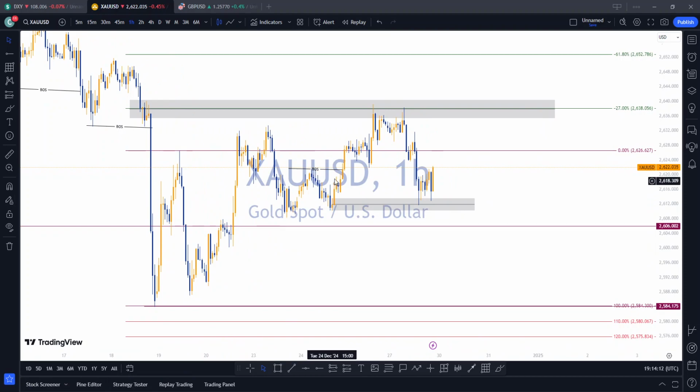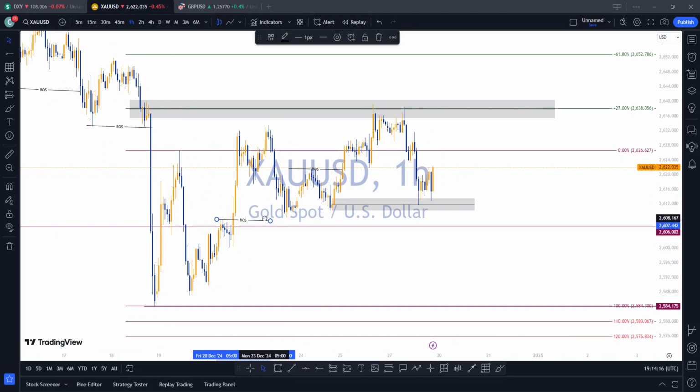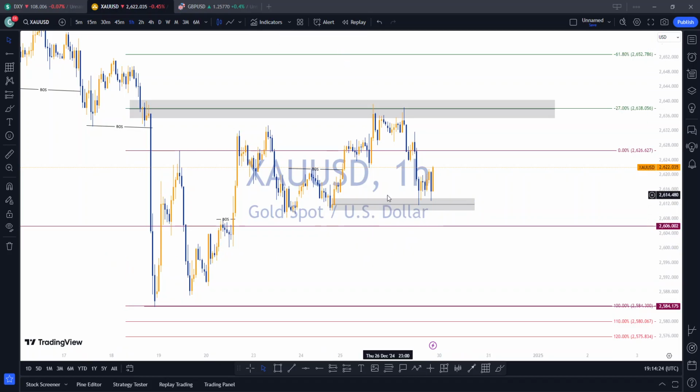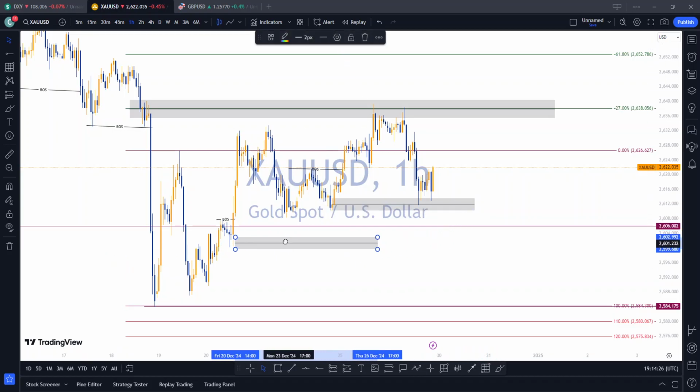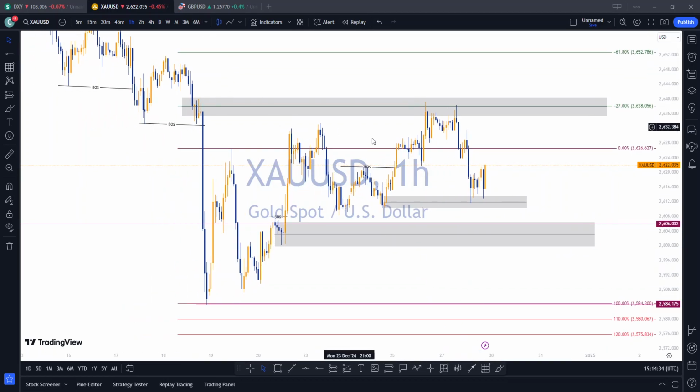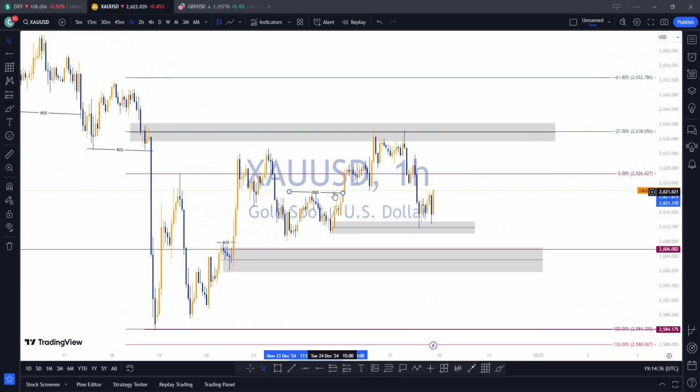If you look at this right here, we have this breakout structure, which means this is valid. This here, valid, right? So we had this breakout structure right here.